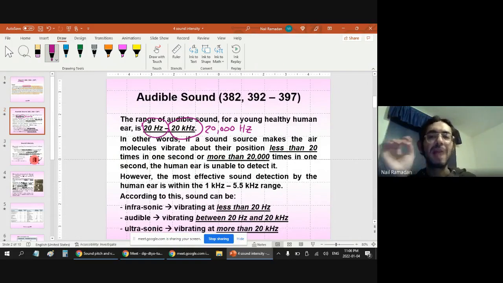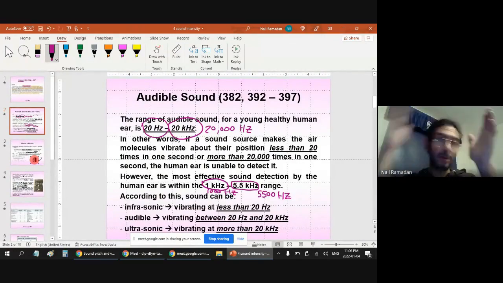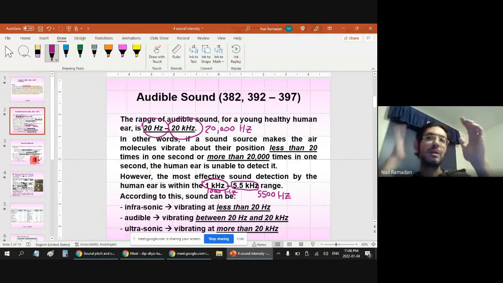They found out that the ear really responds best to sound between 1 kilohertz, so 1000 hertz, and 5.5 kilohertz, or 5500 hertz. So what does this mean? It means that officially your ear will be excited with vibration frequencies in the air from 20 all the way up to 20,000 hertz. That doesn't mean that you hear it well.